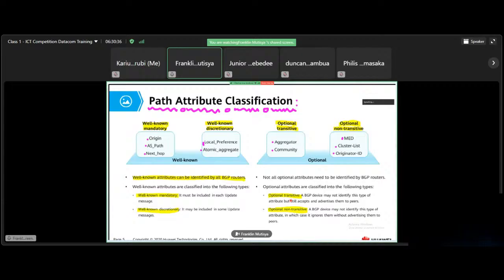The optional transitive means the BGP device may not identify this attribute, but it will allow it to pass. So these two may be sent to a BGP router. The router may not be able to identify them, and hence they will still be forwarded to other peers in the BGP network.